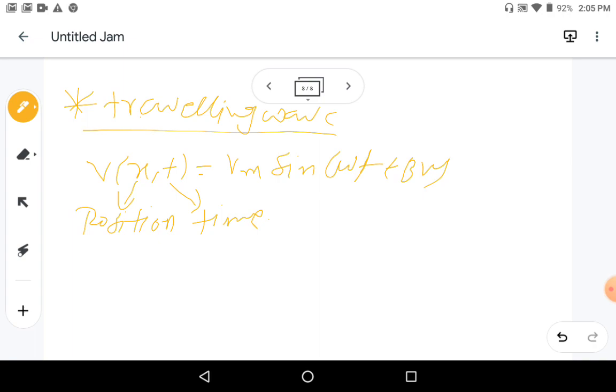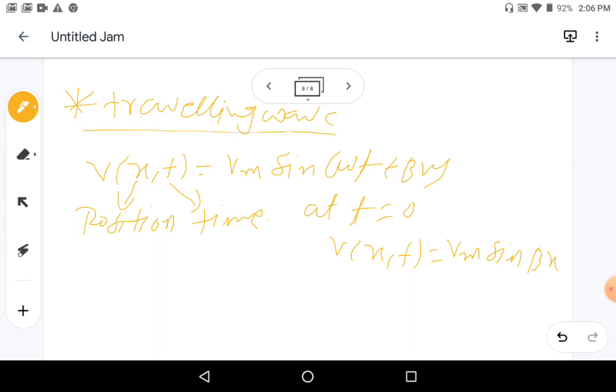At t equals 0, v of x,t equals Vm sin beta x.